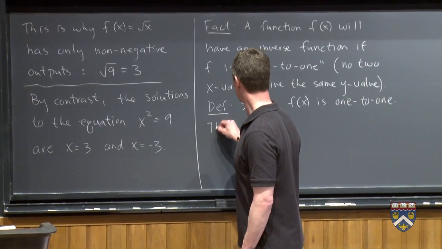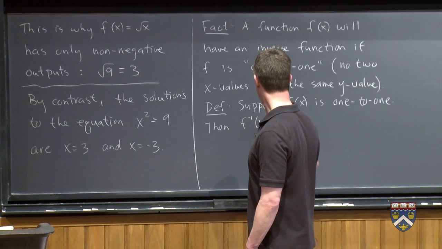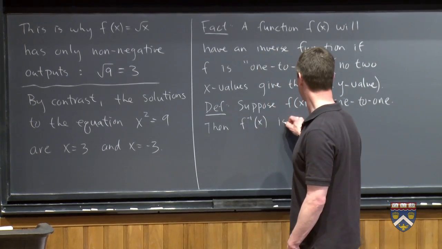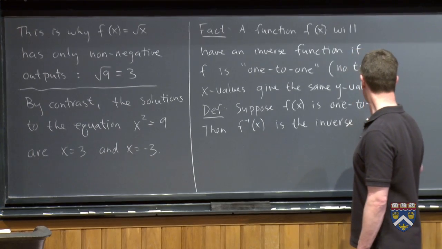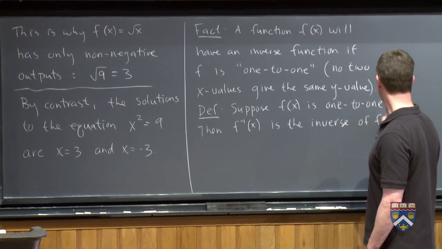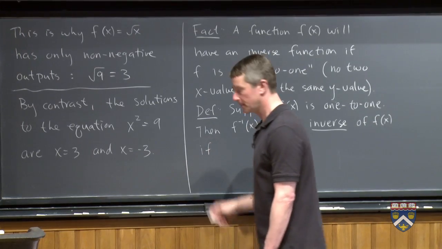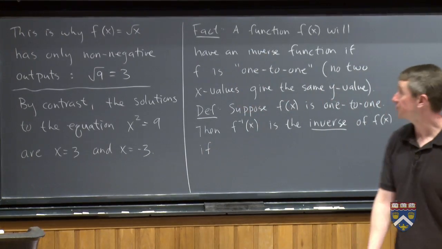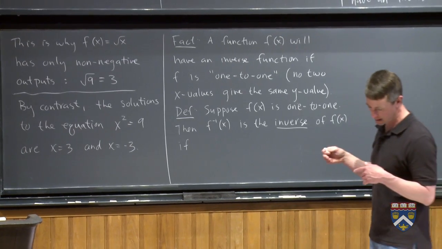Then f inverse of x is the inverse of f of x if, and then we want it to do what we did up above. We want f inverse to undo the work of f.